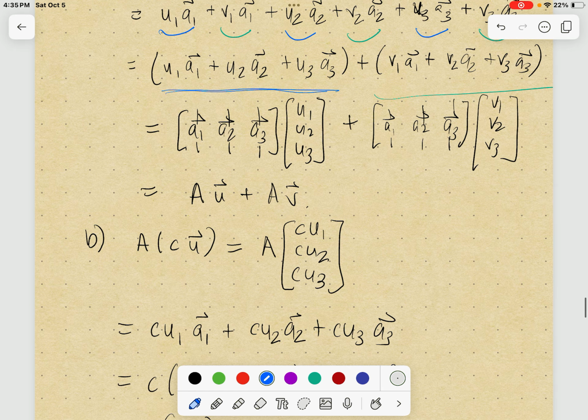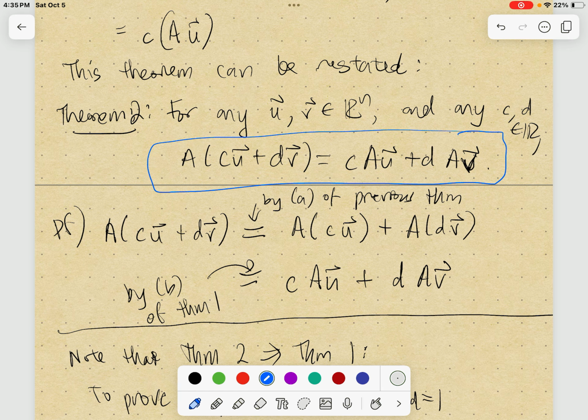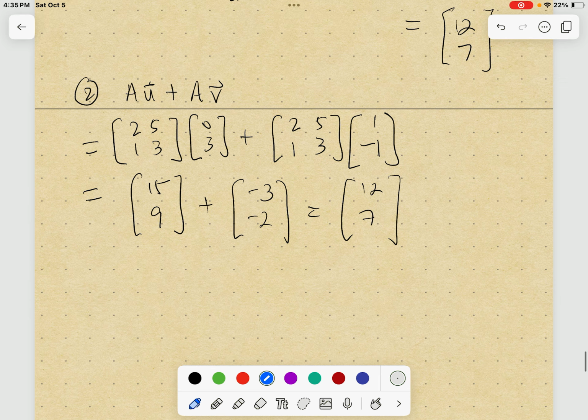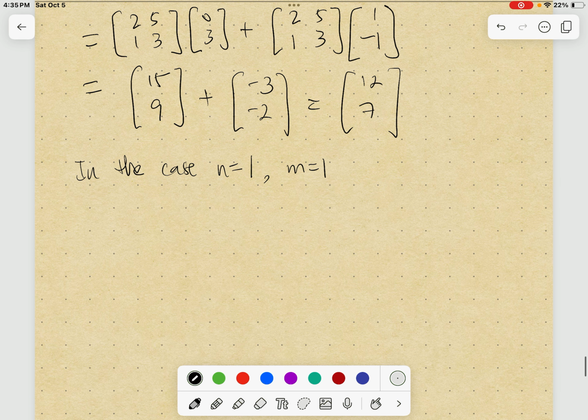Oh yeah, and why is this like the distributive property? Well, if you look at the case of n equals 1 and m equals 1, your A is just a single number, right?